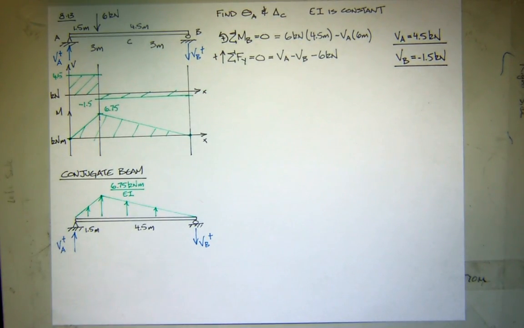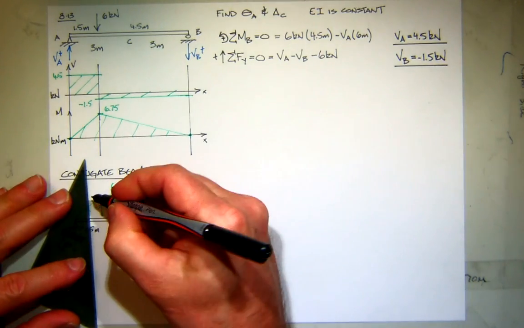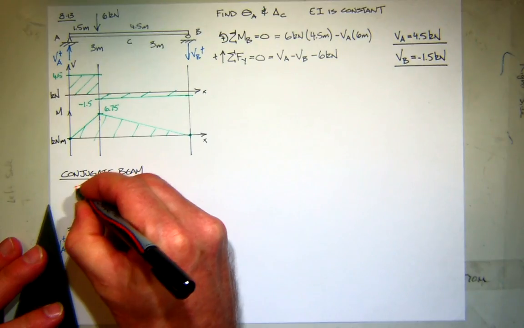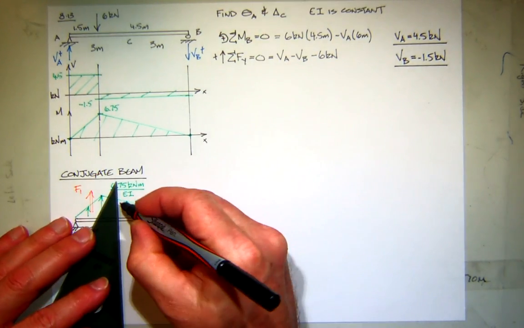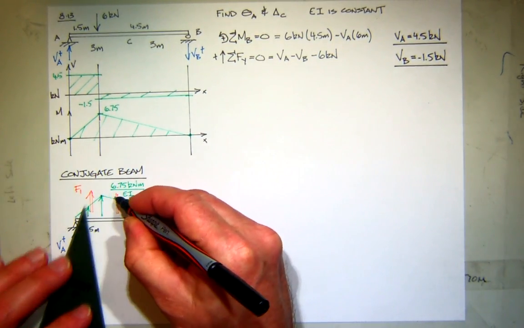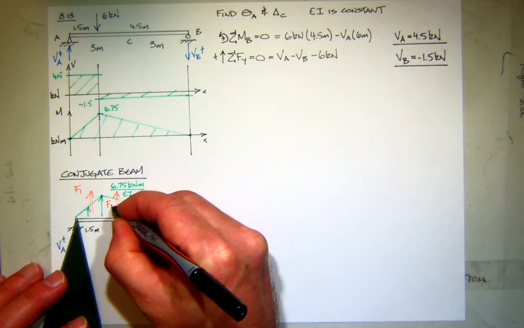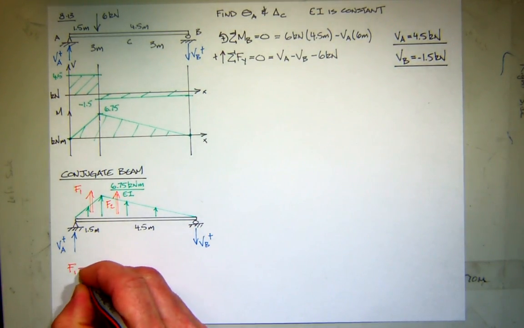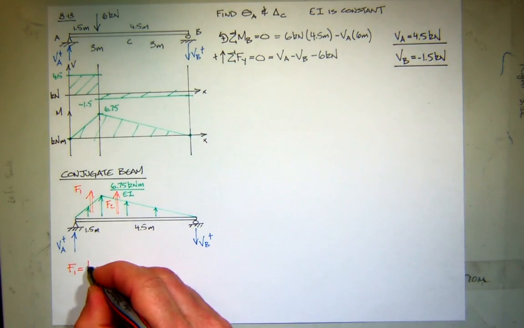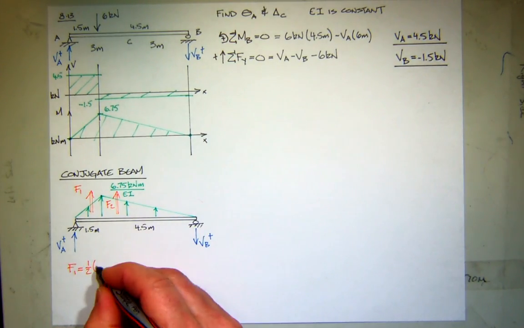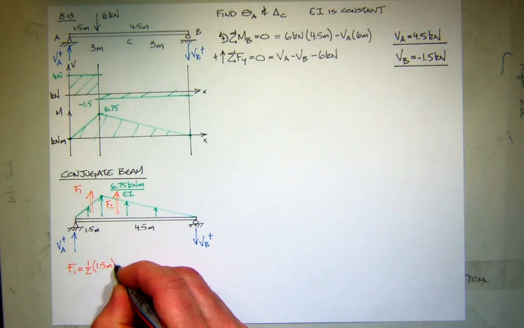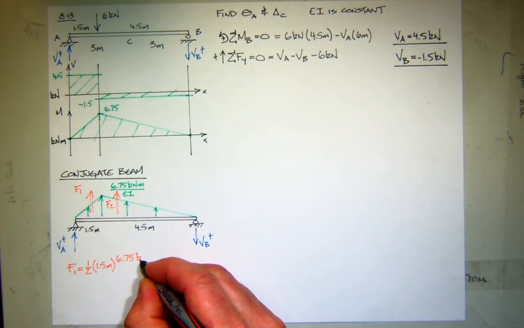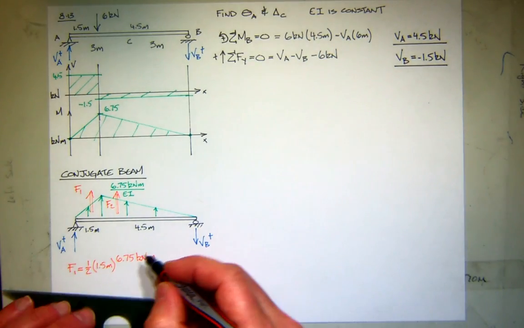So just to help myself out here a bit, I'm going to go ahead and label these forces. So I'm going to take this triangular load, call it F1, and I'll have another one here. Didn't give myself much room to write, but I'll call that F2. So what's F1? Well, it's a triangle, so it's going to be 1/2 the base. The base is 1.5 meters times the height, which is 6.75 kilonewton meters divided by EI.